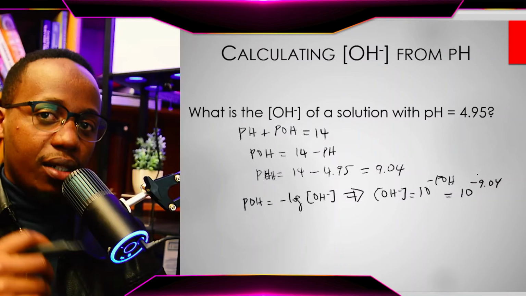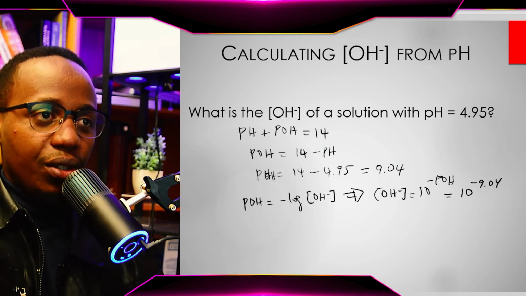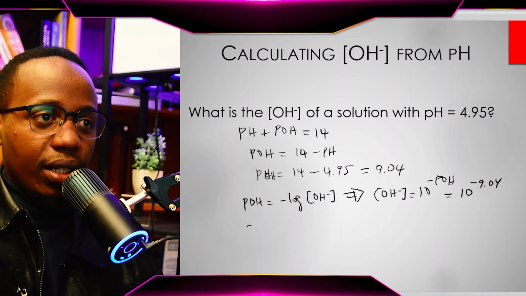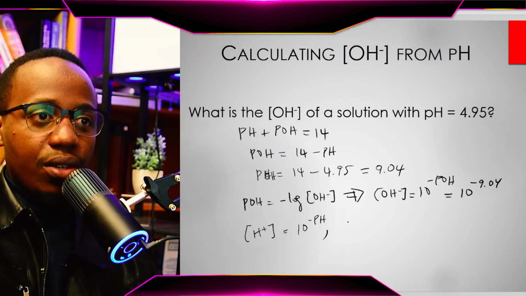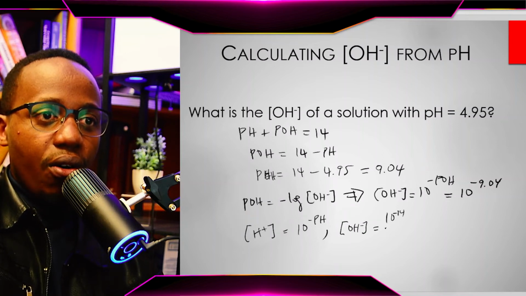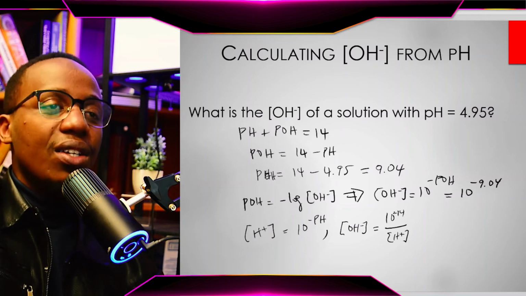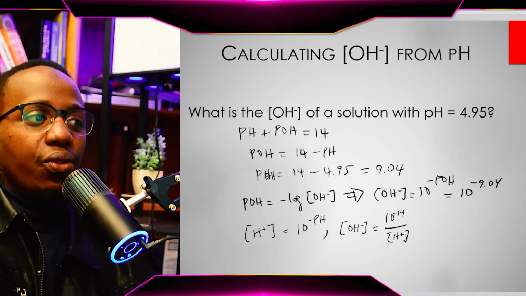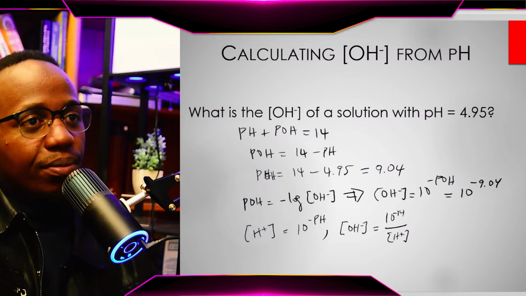That's the OH minus concentration. That's one way to do it. Another way is, from the pH, you can find the concentration of H plus, which is 10 to the negative pH, like this. And then from there, you can find the OH concentration by saying that it's equal to 10 to the negative 14 over the H plus concentration. Right? So there are many ways to do it when you have all the formulas. It should be pretty straightforward and pretty easy to do.